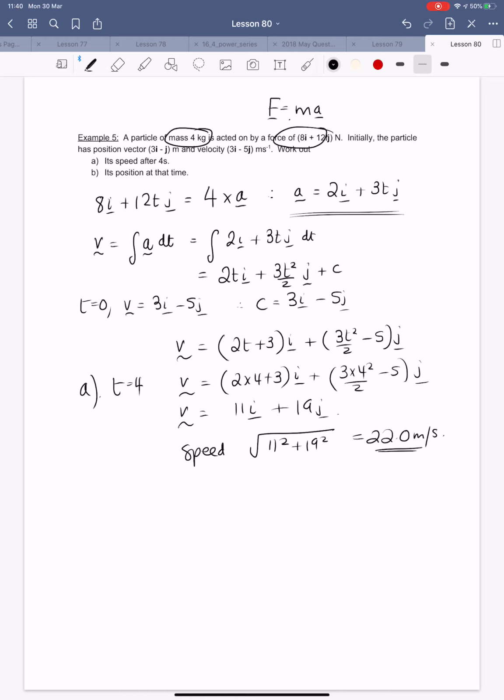Okay, and then we want his position at that time. So r is going to be the integral of v, which is this one here. I've highlighted that to make sure I get the right one. It's the integral of 2t plus 3 i, plus 3t squared over 2 minus 5 j dt.